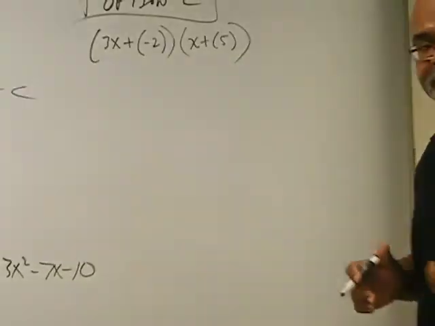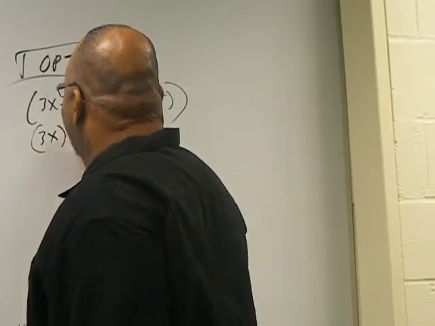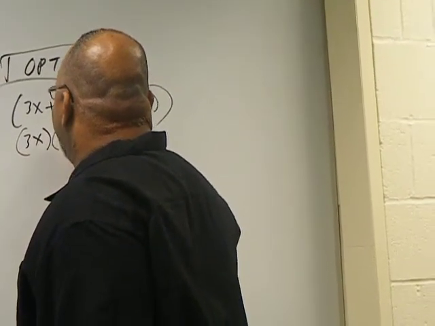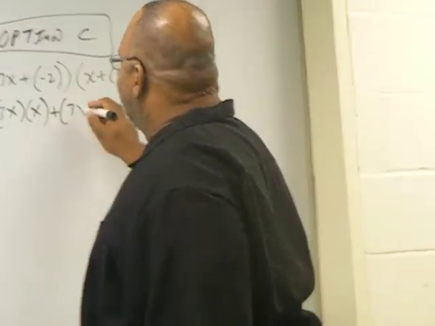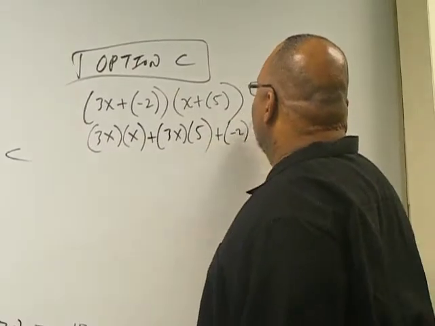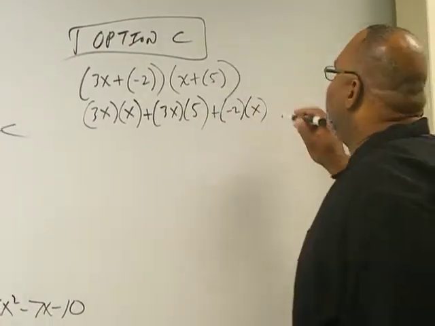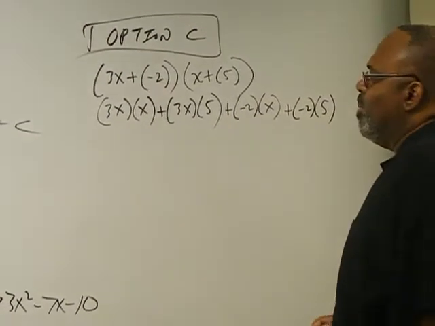Okay, then we start multiplying that together. So we'll get 3x times x plus the 3x times 5 plus the -2 times x, and then finally plus the -2 times the quantity of 5.